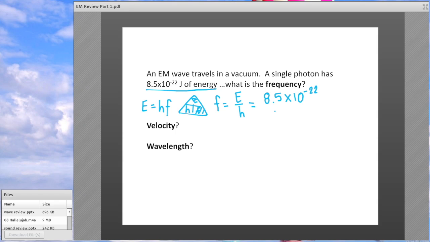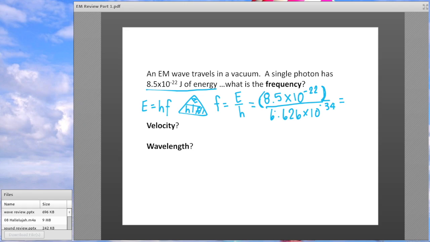We're going to use this formula first. And we want the frequency, not the energy. So I'm going to use my triangle again. I'm going to put H and F together on the bottom and E on the top. And all this triangle does is save me from doing some algebra. And I want the frequency.